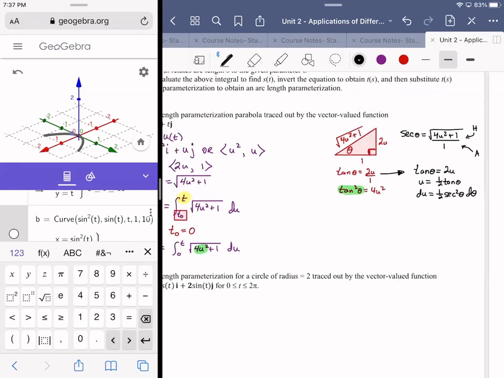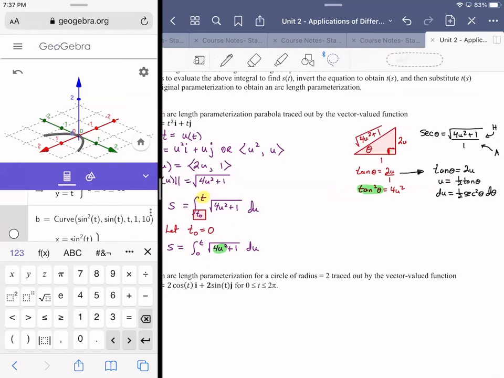And so now, instead of actually swapping out just the tangent and having to do some more trigonometric substitutions, what I can do instead would be to swap out the entire radical. Oh, that looks terrible now.